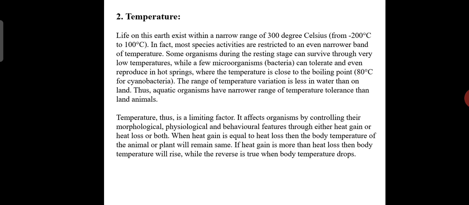Some organisms during the resting stage can survive very low temperatures, while a few organisms like bacteria can tolerate and even reproduce in hot springs where the temperature is close to the boiling point, 80 degrees for cyanobacteria.